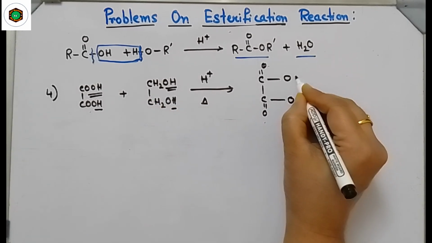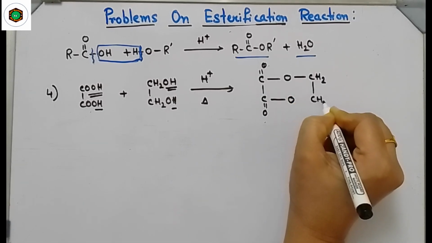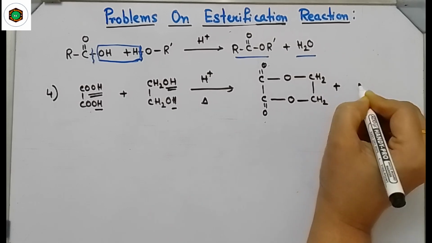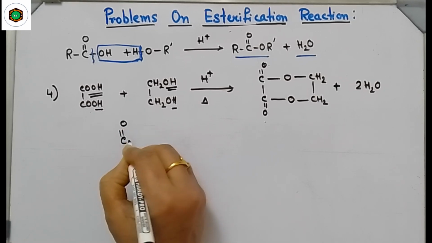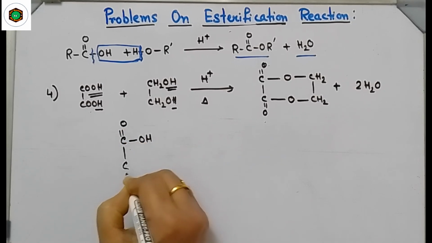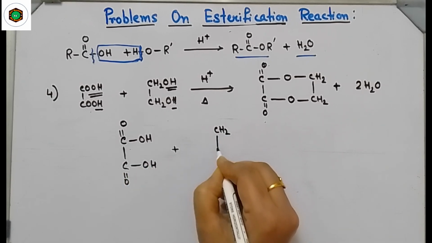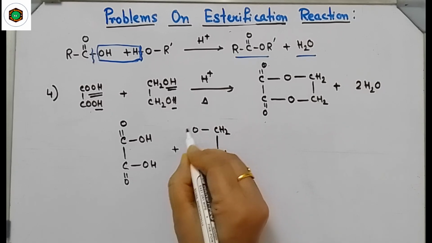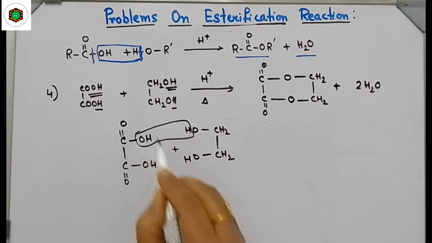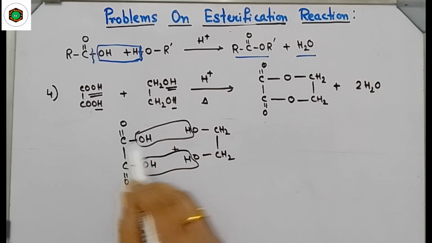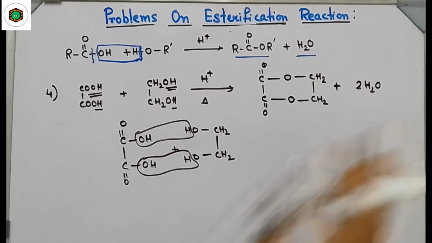Then here CH2 is there, here also CH2 is there, plus 2 molecules of water, because you can draw this structure OH, C double bond OH plus CH2, CH2, OH, OH. So OH will go from here, H will go from here, OH will go, H will go. So C double bond O, O, C double bond O, O, and this part. We are getting this thing.